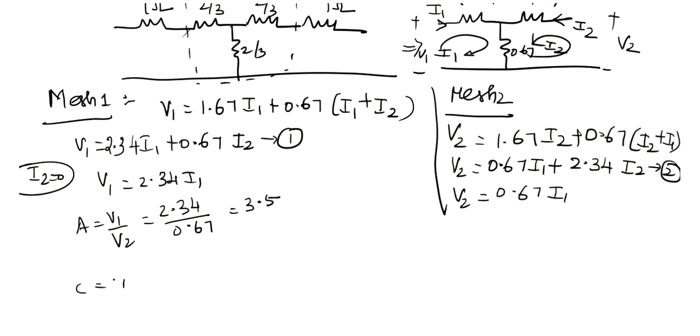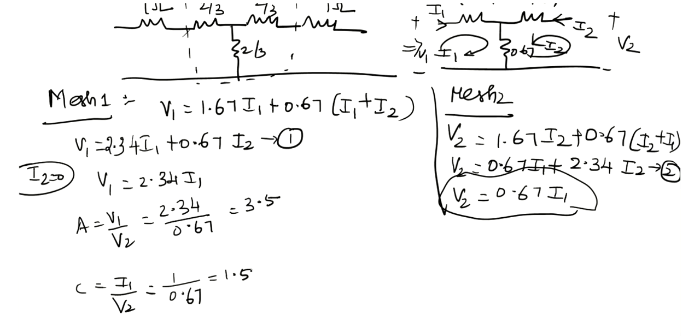C will be equal to I1 by V2. With the help of this equation, I1 by V2 is 1 by 0.67, which is about 1 by 1.5. A and C are over.